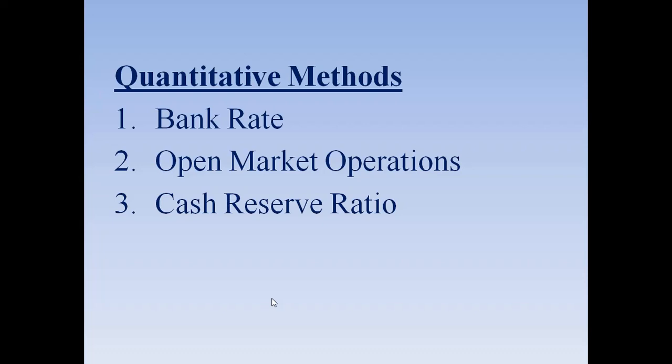And what is this cash reserve ratio, CRR? This CRR is actually the minimum portion of the total deposits of a commercial bank that they must keep with the central bank.